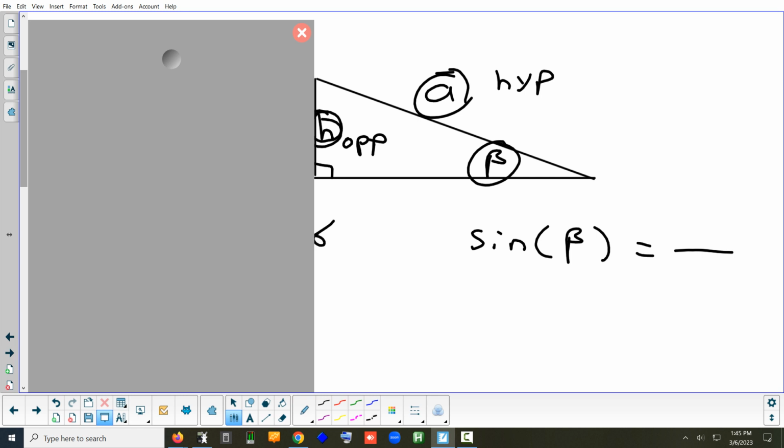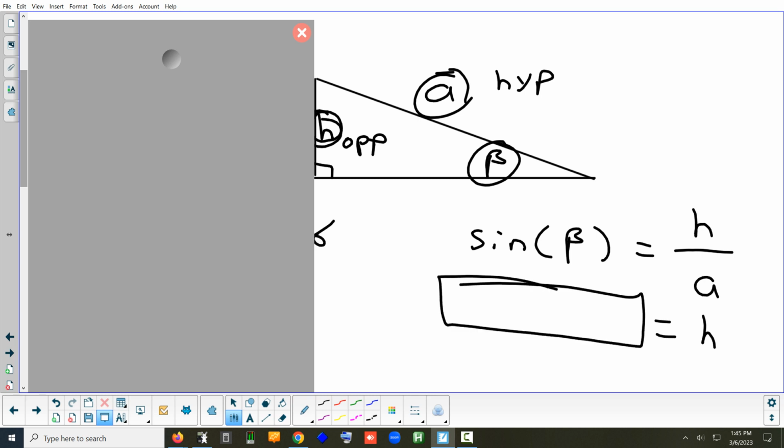And I need to know what would go on the other side. Sam, what would go on the other side? Opposite over hypotenuse. Yep. So that'd be h over a. Perfect. And lastly, can you tell me what you would have if you get the h by itself? A sine beta.